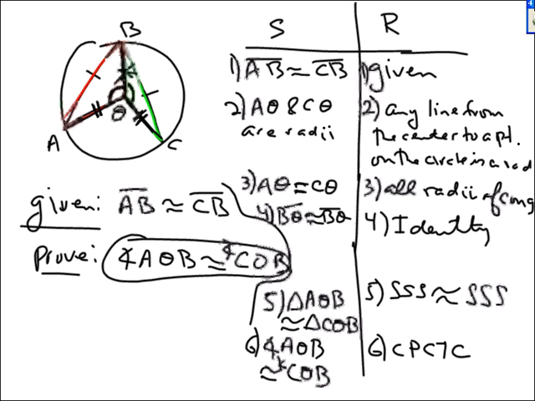Basically you prove that 2 triangles are congruent, and then you can justify why 2 sides are congruent, but only if they're corresponding. That is, they're in the same type of location.